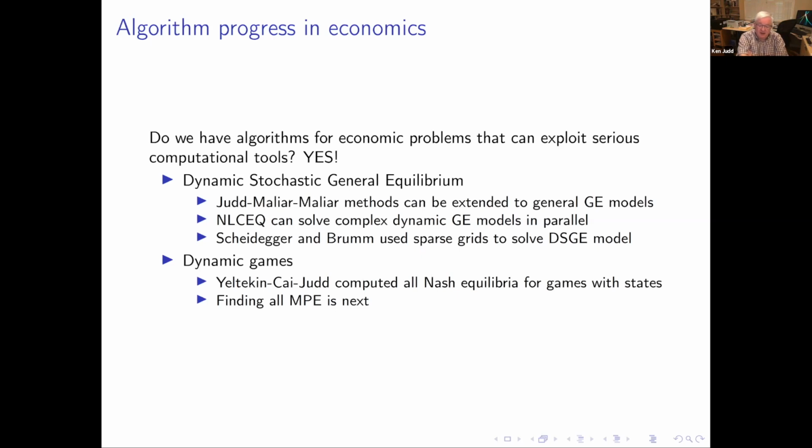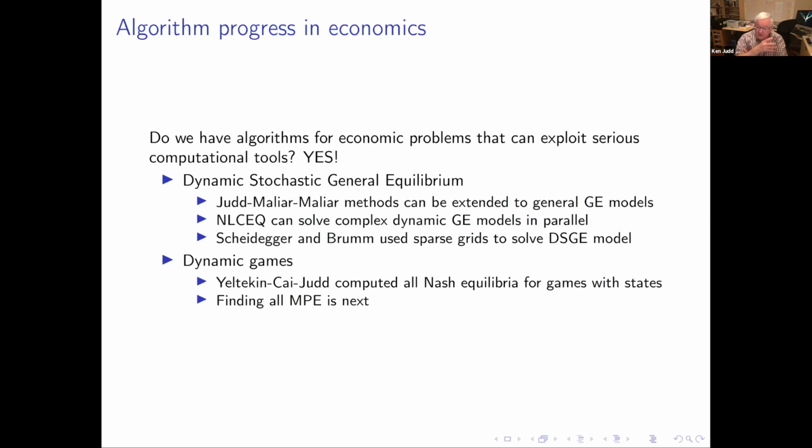But all the Judd-Maliar methods have a modular structure. And so what you can do is expand the set of goods and then just plug in a standard general equilibrium solver to solve what we could think of as a temporary equilibrium at any point in time.